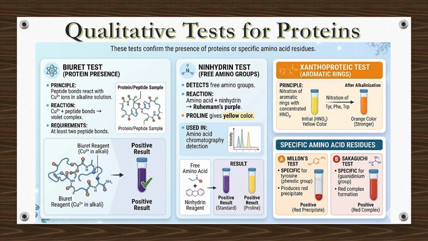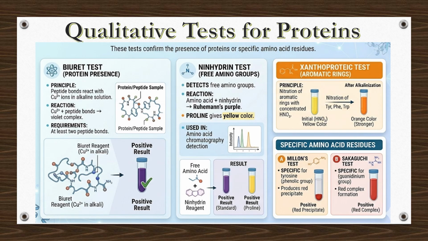Qualitative tests are very important in biochemistry, and we have quite a number of them that we carry out. The biuret test is a general detector for proteins and polypeptides.